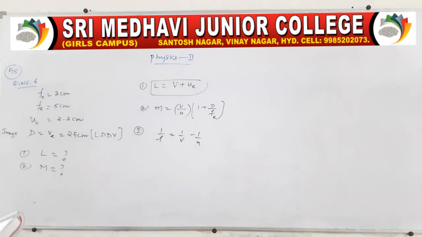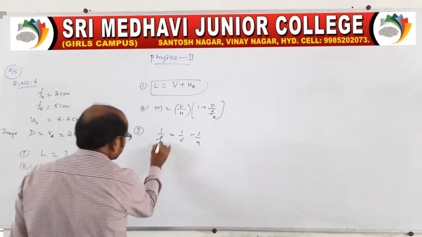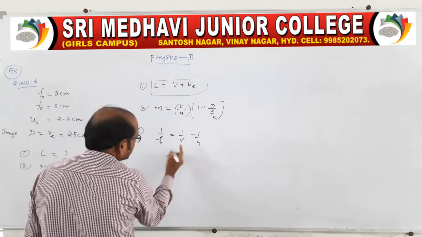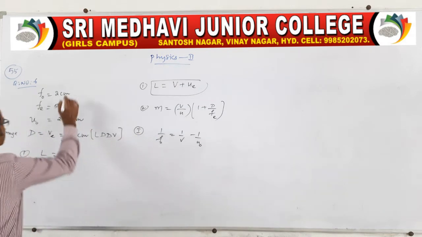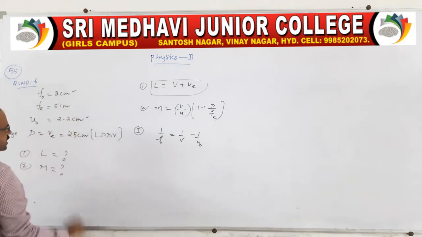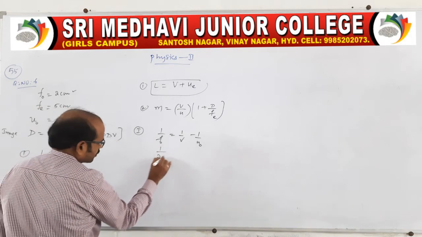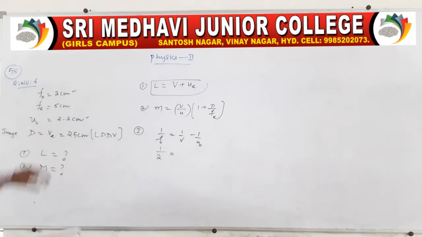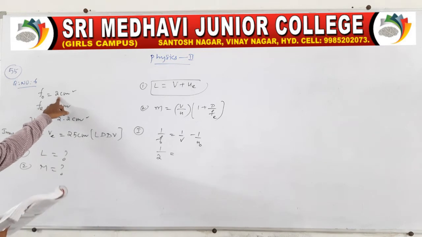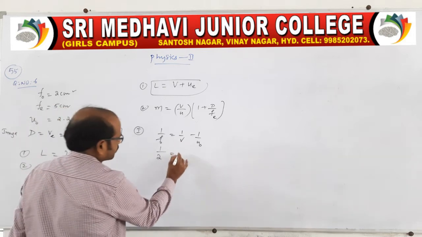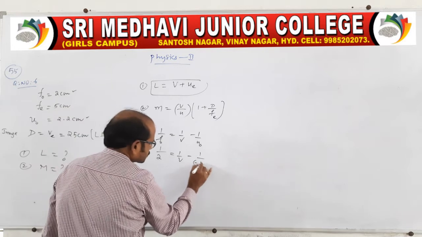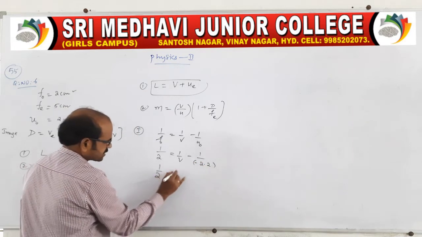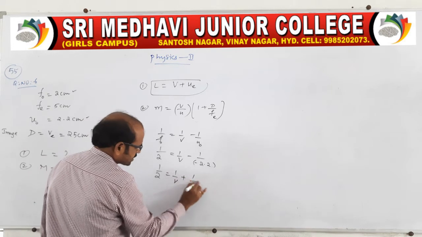By using this for the objective, f0 is 2 cm, taken as positive because it is in the direction of the light rays, and u0 is measured opposite, so minus 2.2. It is 1 by v plus 2.2.